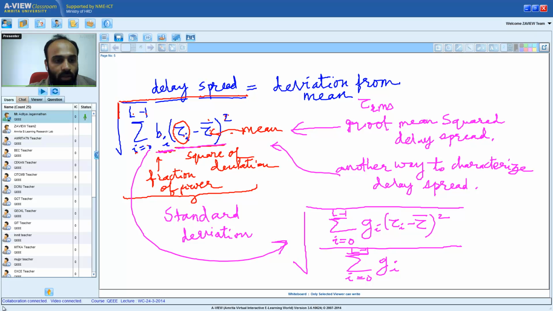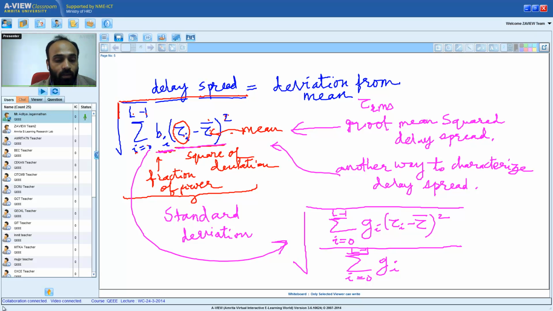Okay, then let us now do a simple example. Practically, will there be only one line of sight path? Yes, there is only one line of sight. In practical systems there is only a finite number of non-line of sight paths, because infinite non-line of sight paths would mean the signal has to keep coming on for infinite duration.